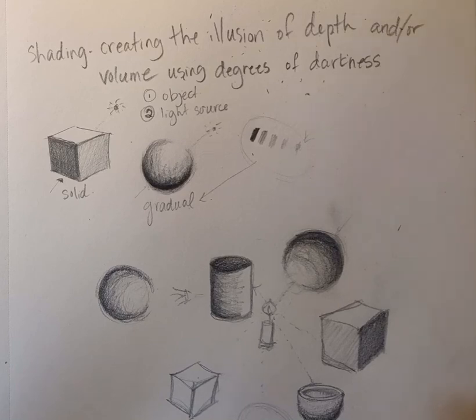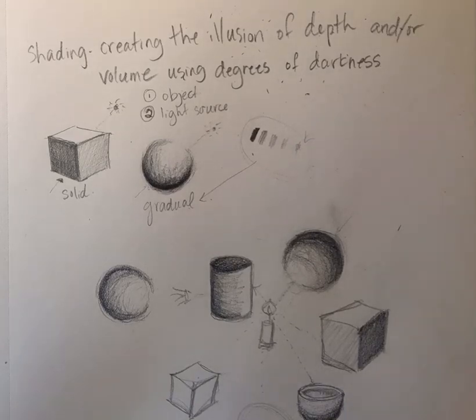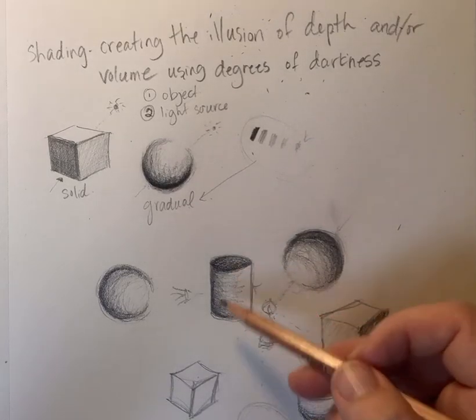And then if you're really feeling inspired, I would encourage you to go and look around your house, see if you can find some boxes or some circles, some cylinders, and just position them under or around different types of light sources. It could be an open window, it could be a flashlight like we were saying. Sketch them and see how it looks. Really focus on the shapes and the shading.